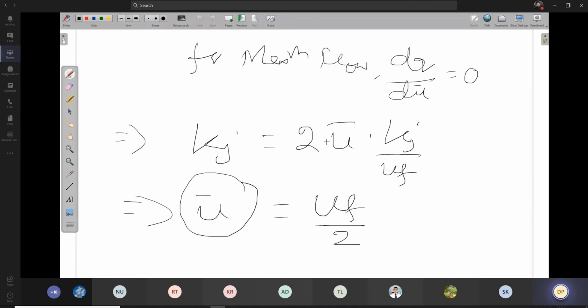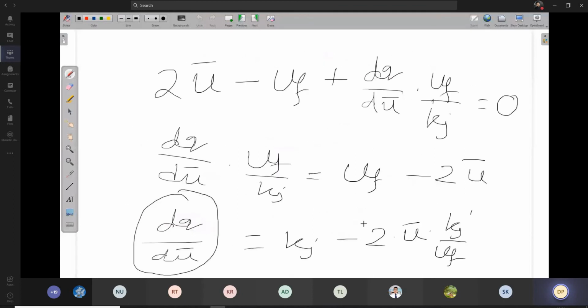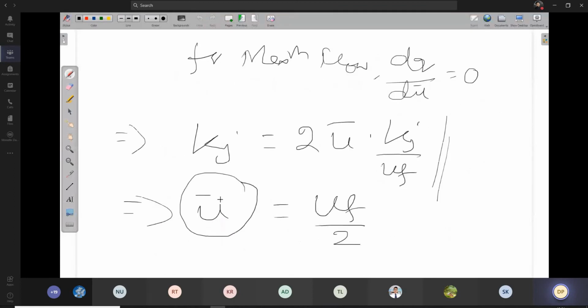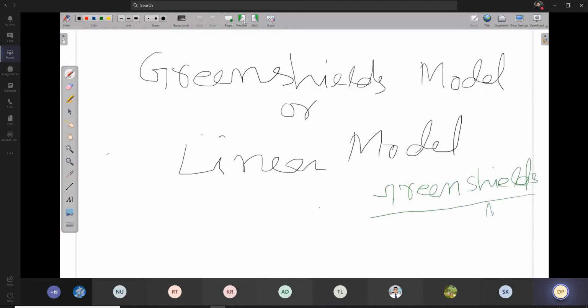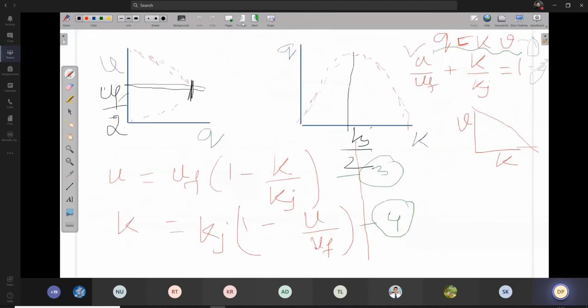From this relation you can directly find that flow will be maximum, because we got this relation on the condition that when flow is maximum, the slope is 0. If you compare the previous equation with 0, it gives that the stream speed or the average speed when the flow is maximum will be equal to uf by 2. You can also compare from the plot itself that flow is maximum only when u is equal to uf by 2.